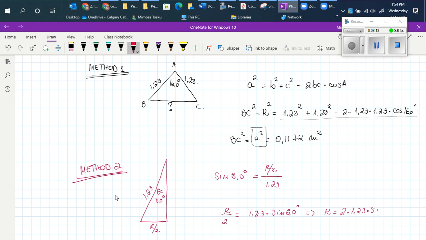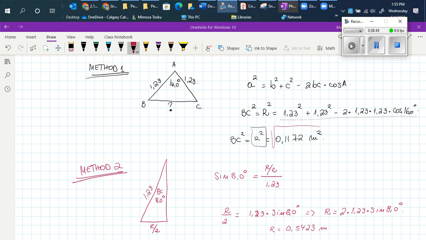Whichever method you use, it doesn't really matter, because you should have something for r. R is 0.3423 meters, which even if you square root the value that you have here, you should have 0.3423 meters.